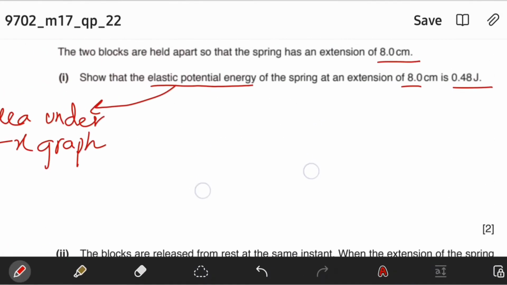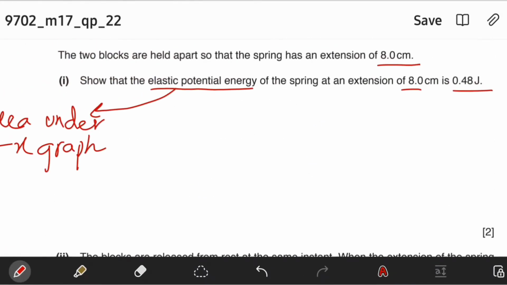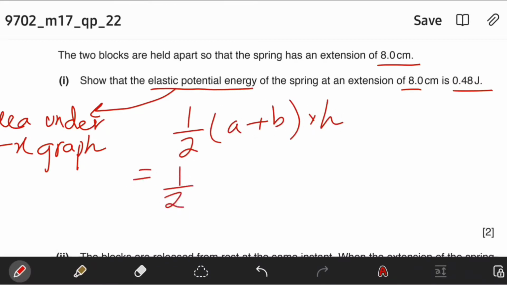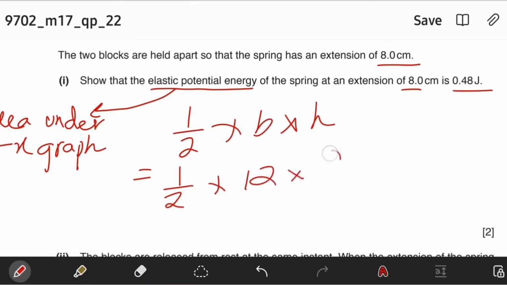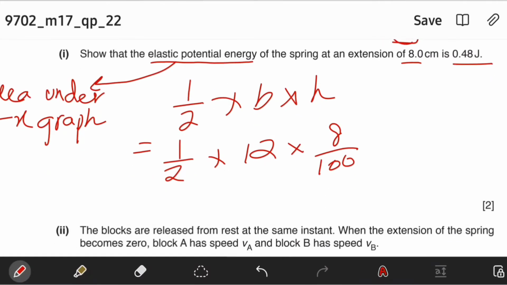Simply you take the formula of triangle, which is half a plus b into height. So half, actually this is not the formula for a triangle, this is for trapezium. Triangle's formula is just breadth into height. So 12 into 8 over 100, since you have to convert centimeters into meters, and the answer would be 0.48 joules shown.